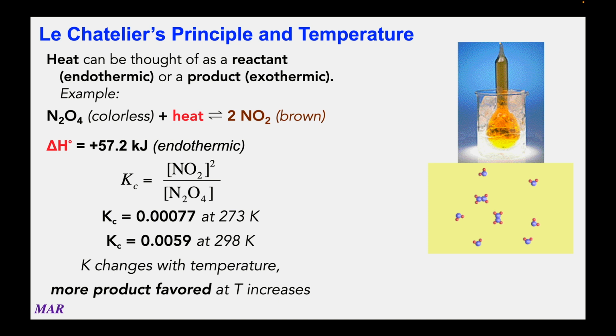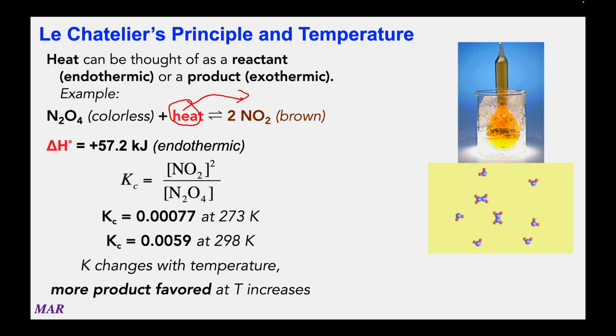But notice the change to the equilibrium constants. At 0 Celsius, freezing of water, it's 0.00077. And then at 298, which is roughly room temperature, 0.0059. So in this case, as you go from 273 to 298, you're essentially adding heat. And in that last blurb on the last slide, it says as you add something, the reaction will shift to the product side.